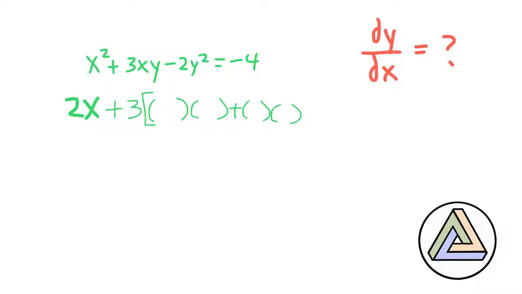And it's going to be 3 times the product rule. So that's going to be 3 times the derivative of x, also known as 1, times y. And then we do x times the derivative of y.